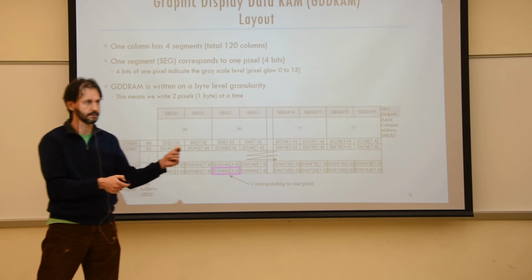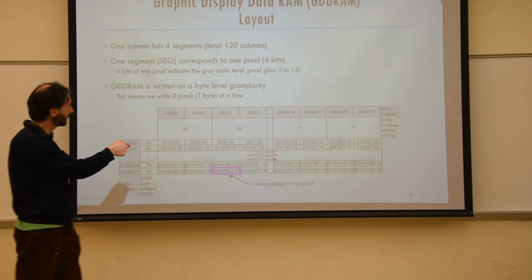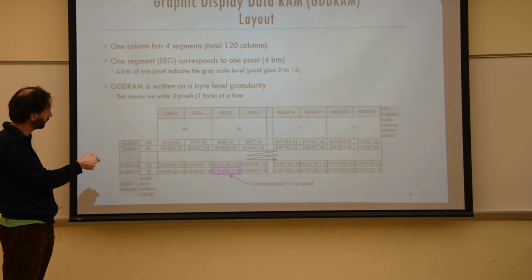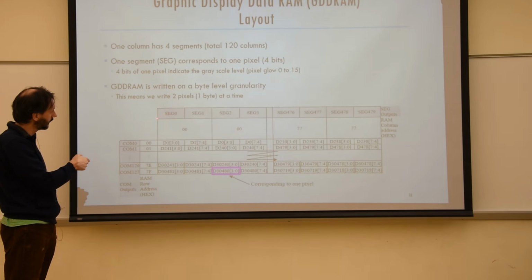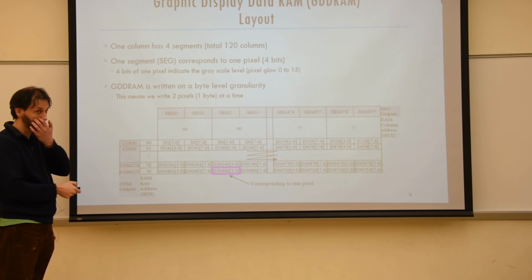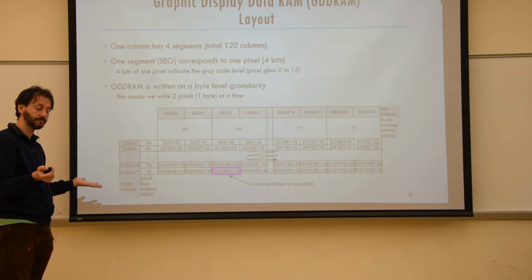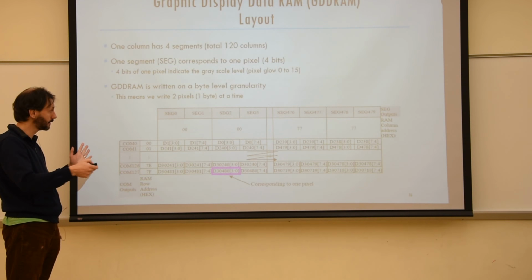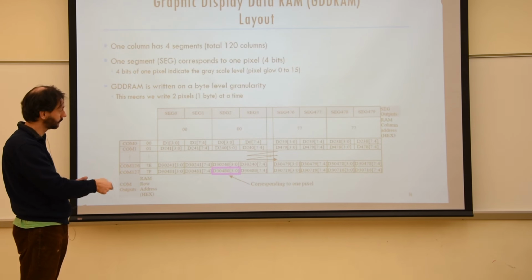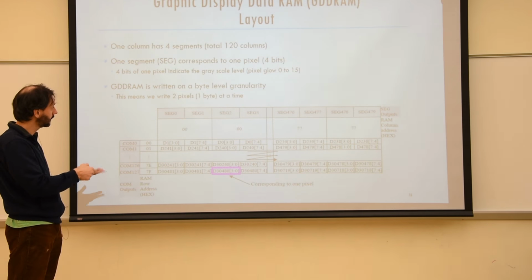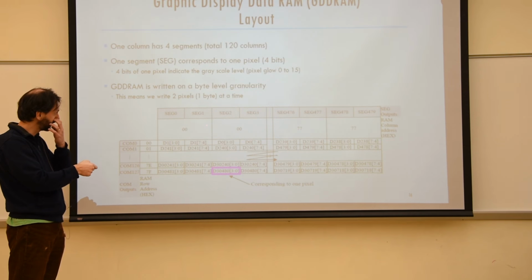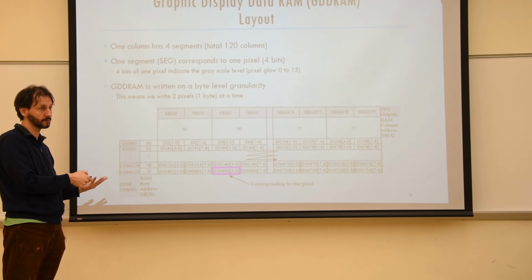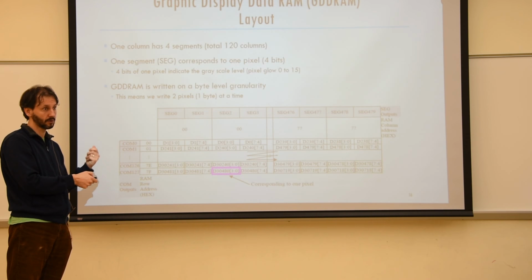So it's not 1 bit per pixel, right? It's 4 bits per pixel, and you can indicate the pixel glow. So now you have 4 bits for a first pixel and 4 bits for another pixel. And so you have 480 possible pixels on the display resolution, but the actual OLED display has a subset of that in the middle, and a column then is using, you have 120 columns, so that means that you have 4 pixels per column.